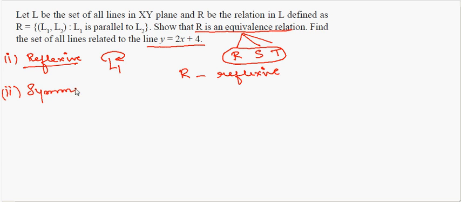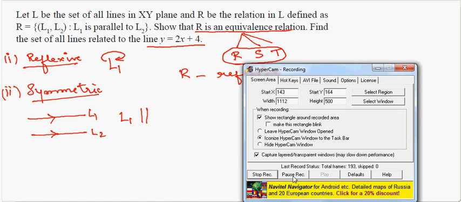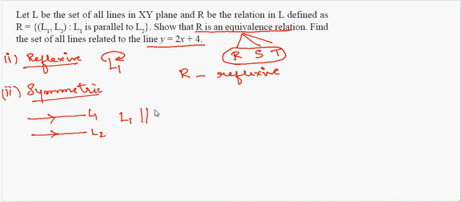If I take symmetric, we'll see whether it holds good. If I take two lines L1 and L2, I say that L1 is parallel to L2. Then this also implies that L2 is also parallel to L1.